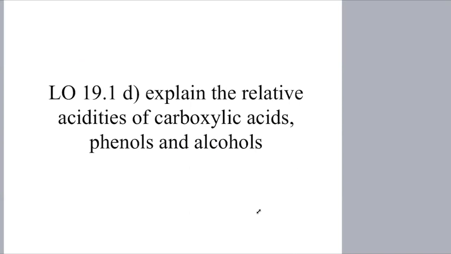The second explanation is in terms of where the equilibrium lies. Does the equilibrium lie more onto the left or more onto the right? Now the forward reaction is always ionization. That means if your equilibrium lies onto the right, which is forward, then more ionization happens, more acidic. The third explanation is in terms of the strength of the OH bond.